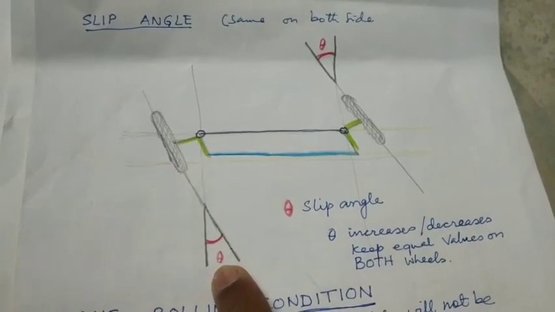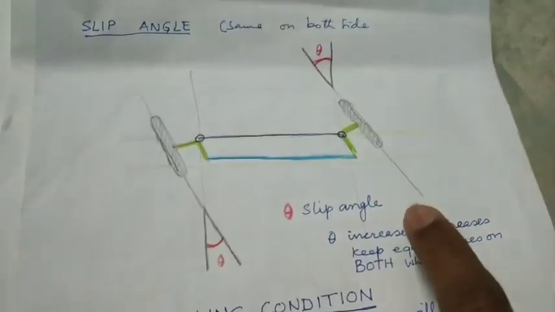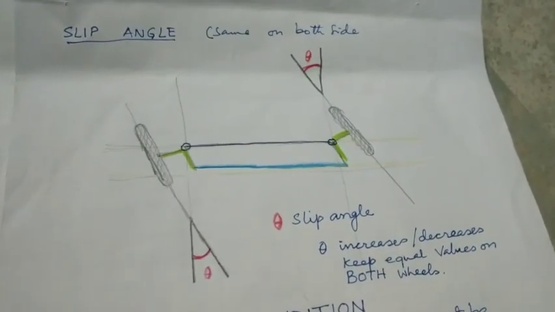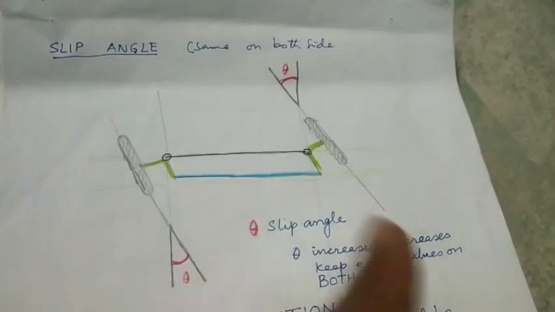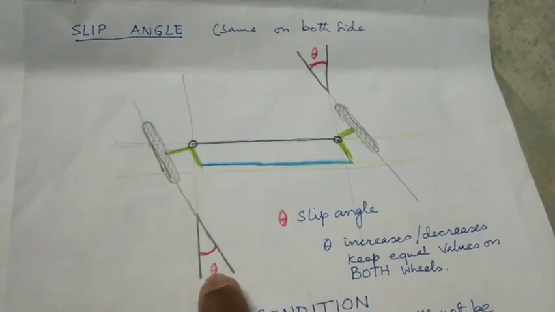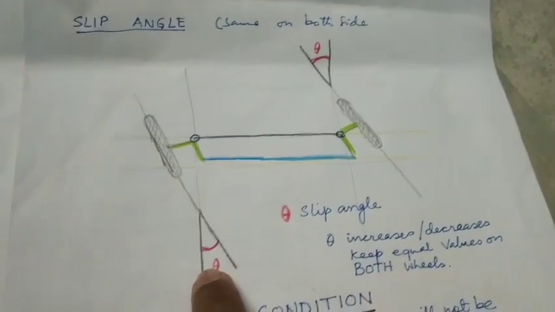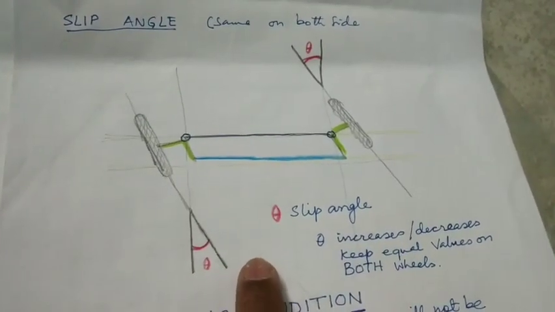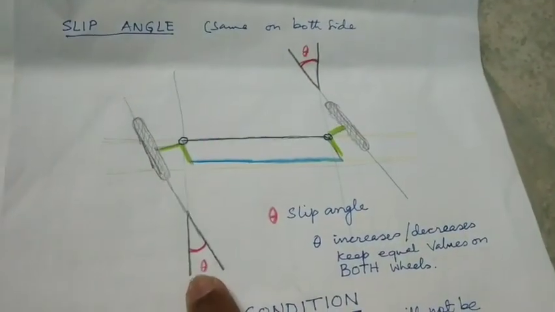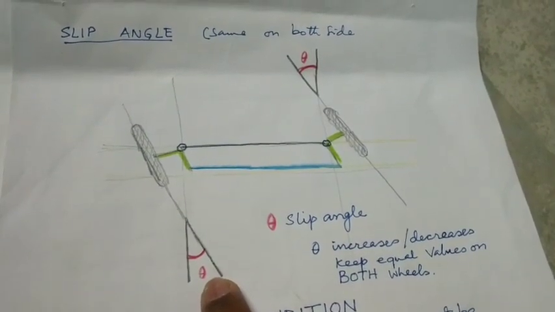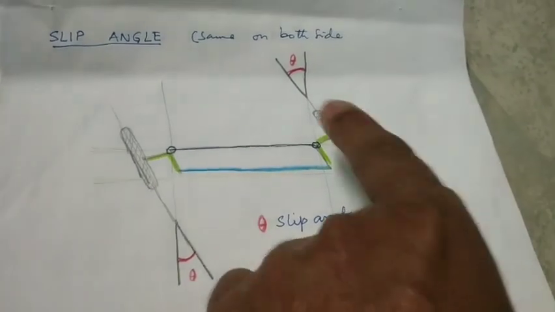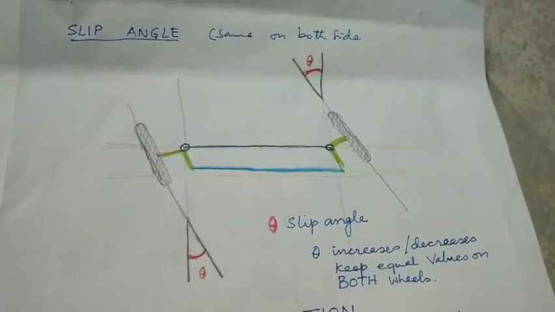This angle theta will be the same for the left wheel as well as the right wheel, even when the vehicle is turning to the left or towards the right. This theta may vary. It will be smaller when the vehicle has turned slightly, and becomes larger as it turns more and more. If the amount of steering movement is higher, the theta can grow. But the remarkably important thing is that the theta value of the left side and the right hand side will remain the same.